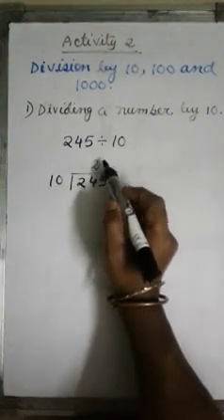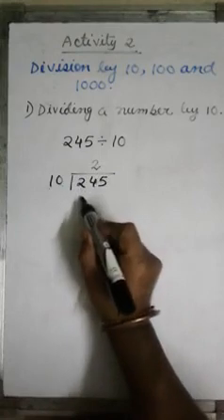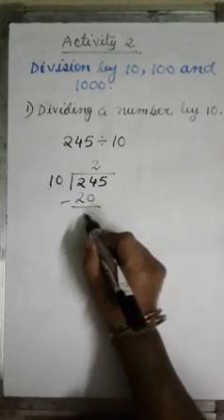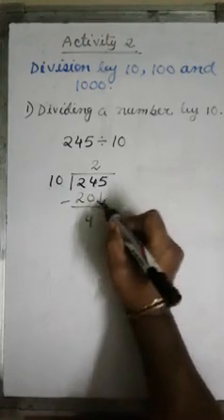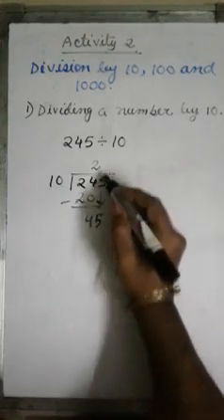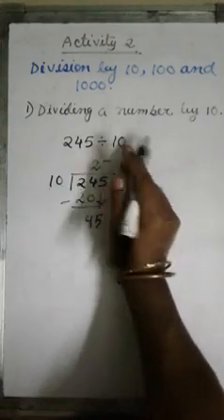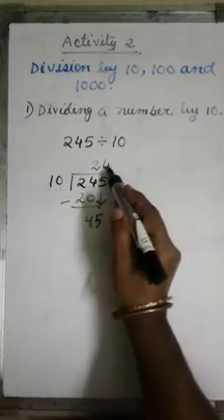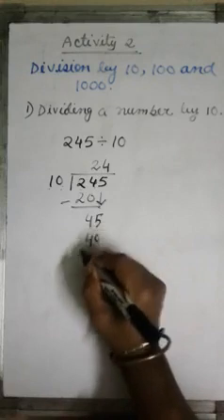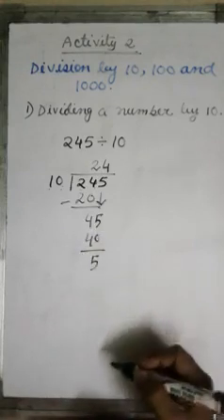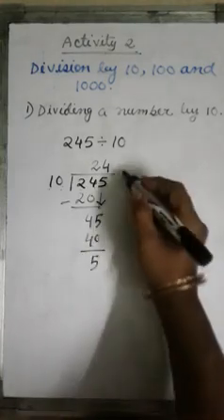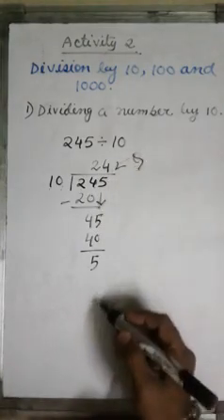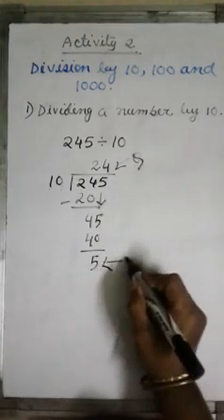So if it is 2, 10 into 2 is 20. Subtract, 4. 5 will come down. 45. 4 times we can divide. 4 into 10 is 40. The remainder is 5. Therefore the quotient is 24. Remainder is 5.